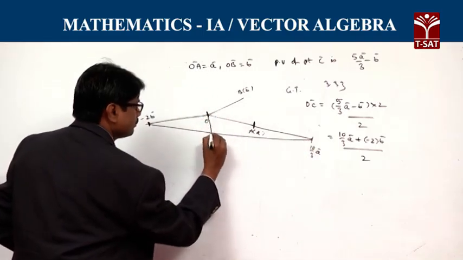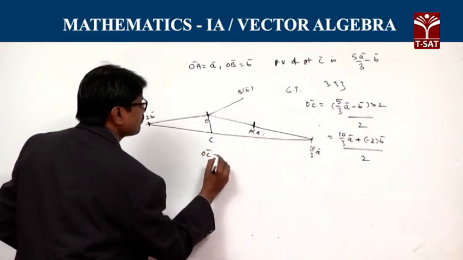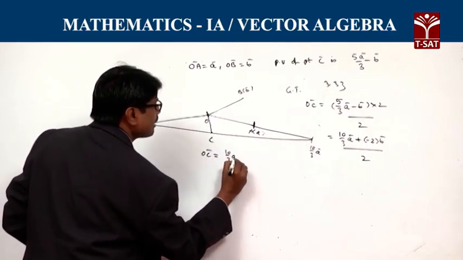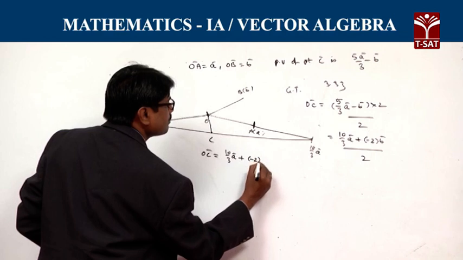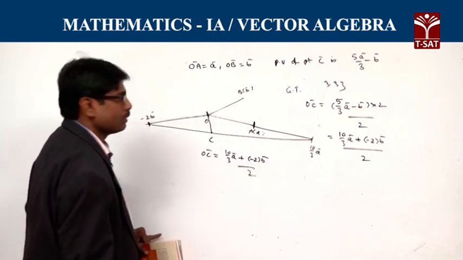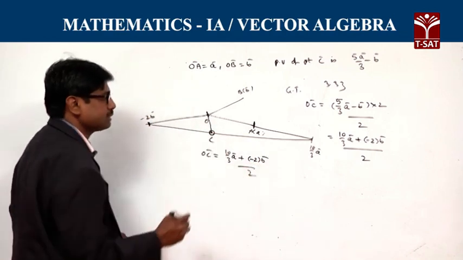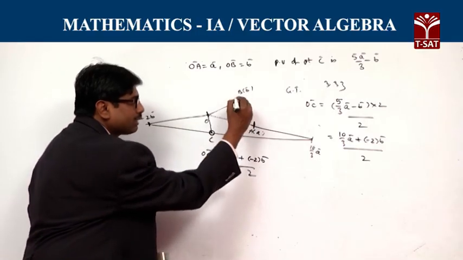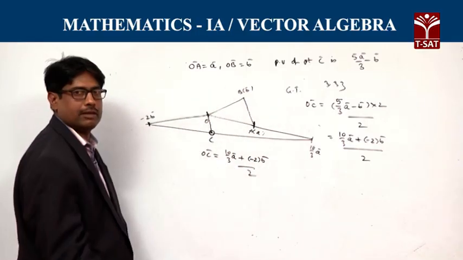So, OC bar is equal to 10 by 3 times of A bar plus minus 2 times of B bar divided by 2. Now, tell me what will be the location of this C with respect to the triangle AOB and angle AOB.